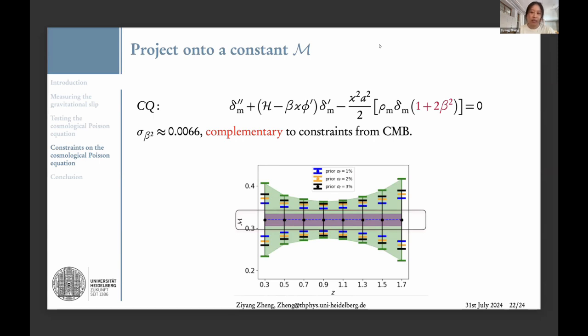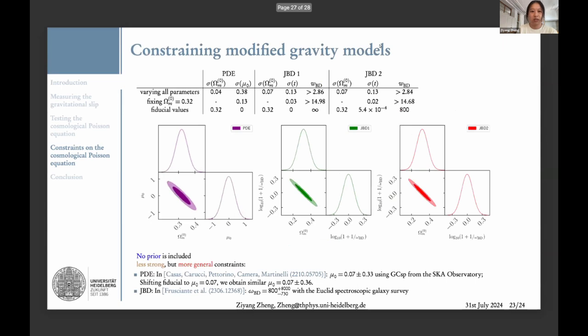So we can project the result on M onto the coupling constant. And here, this is our result. It is much weaker compared to other results from the previous literature, but it is completely complementary in the sense that we are obtaining the results from a completely different, relatively low redshift range, in addition to those older results from the CMB measurements.